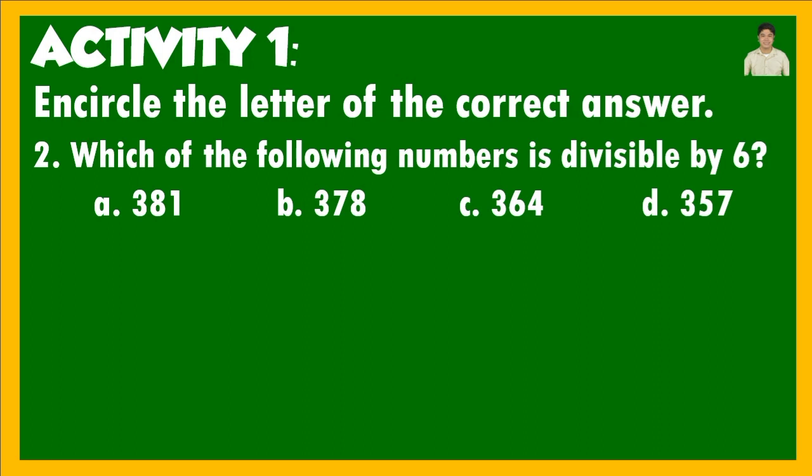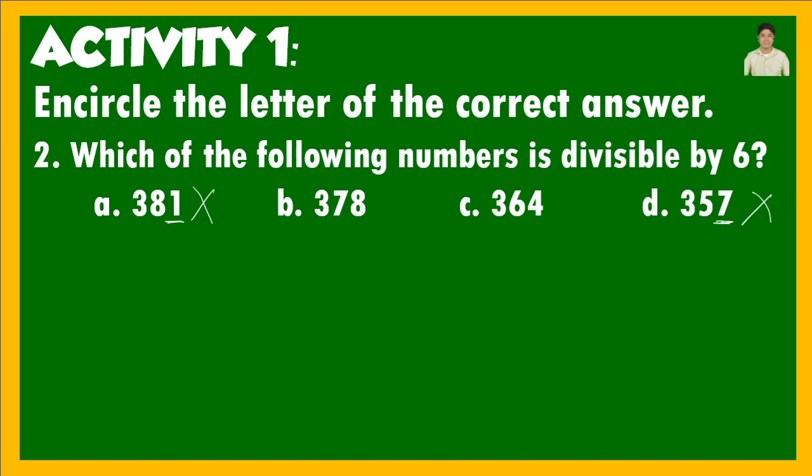So, 0, 2, 4, 6, 8. Dapat nag-e-end yung number doon. So, kung titignan natin yung mga given choices natin, letter A is not an option kasi 1 is an odd number, as well as option D, kasi 7 yung last digit niya. So, we are left with letter B, 378 and 364.